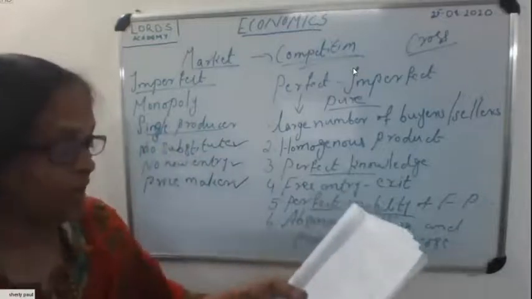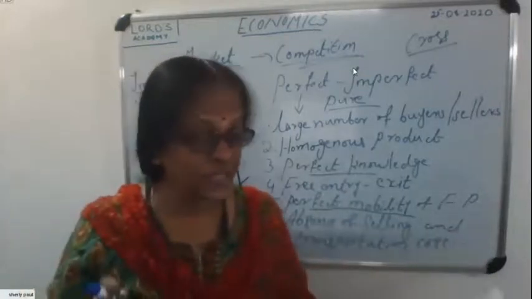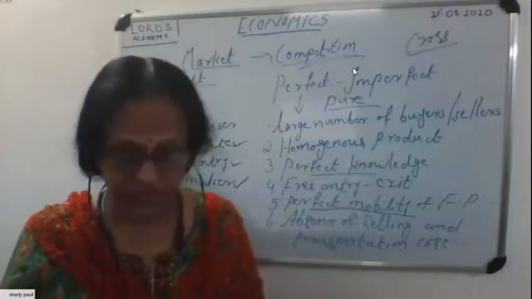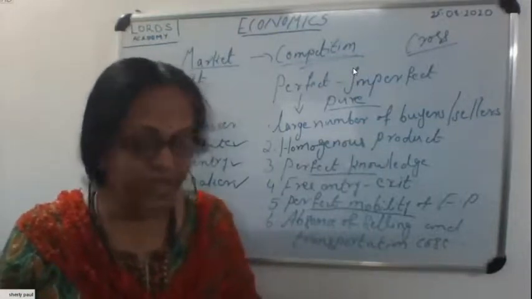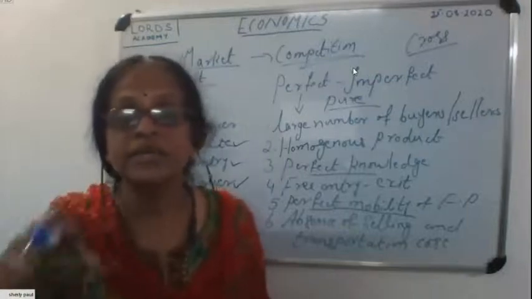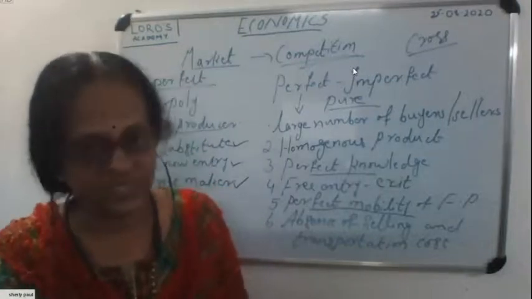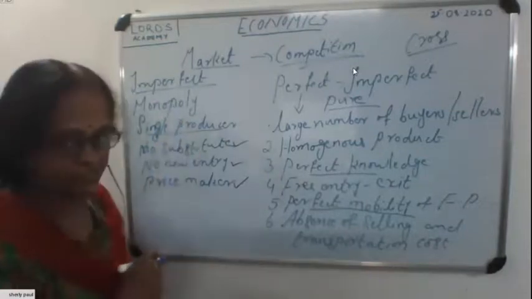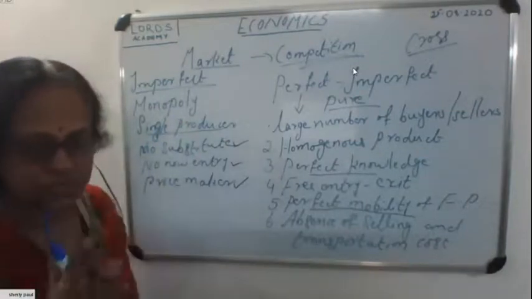When a firm is able to sell the same product or service to two different categories of consumers at different prices, then it is known as price discrimination. Price variations are there. Who can do the price discrimination? Only the monopolist, the person who is producing a single product.